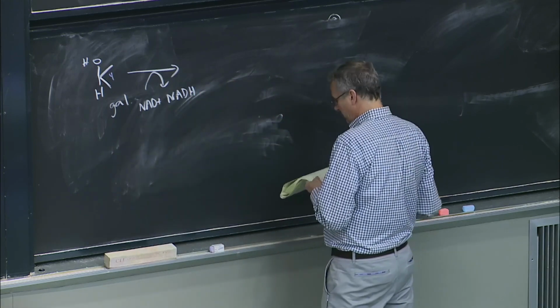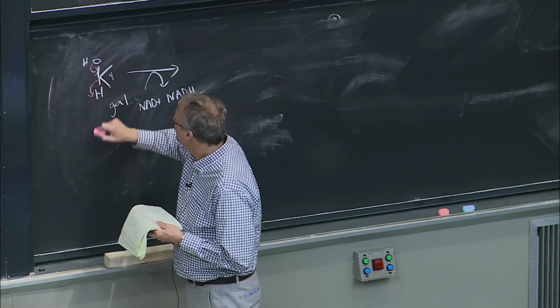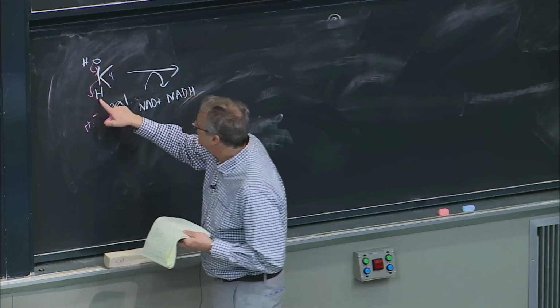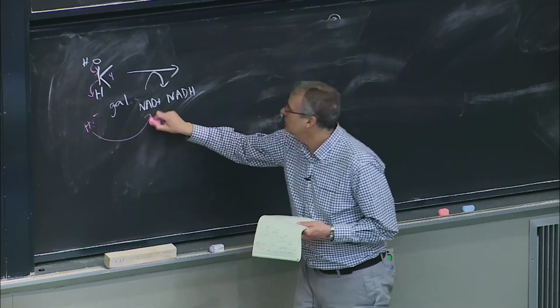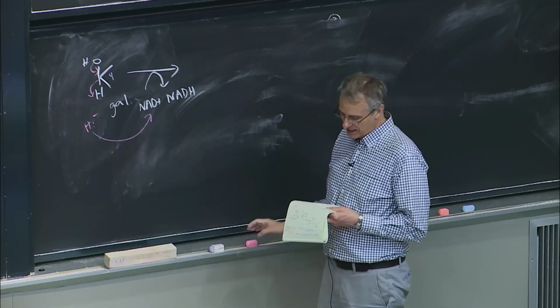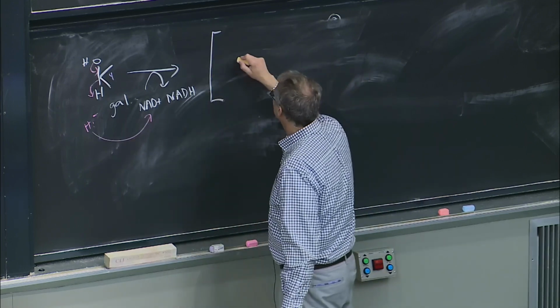An epimerase can basically remove a hydride from the bottom face of the molecule, transfer those 2 electrons to NAD to generate NADH.